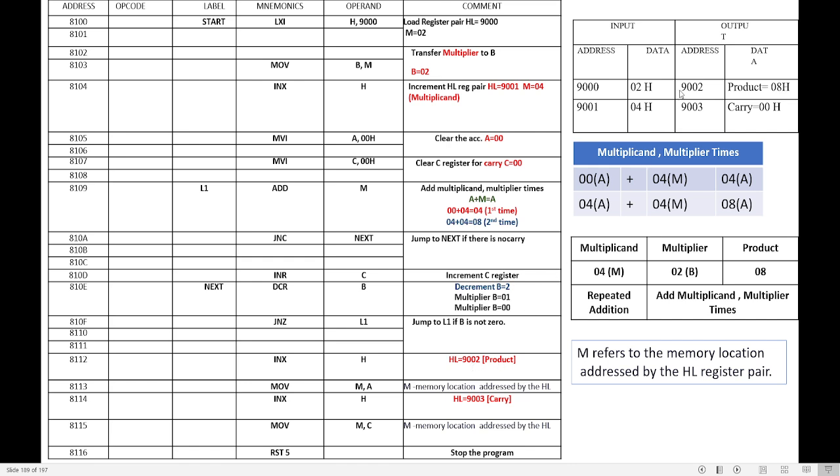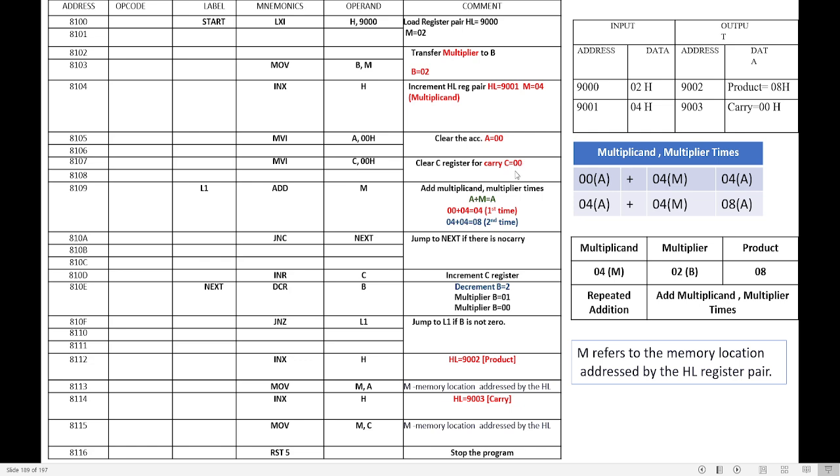So in 9002, I get 8. Increment HL. Again, from 9002, it becomes 9003. In 9003, what do I need to store? Carry. In which register is the carry? Carry is in the C register.